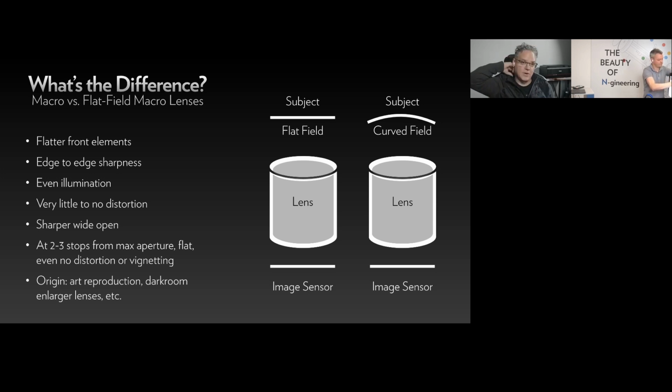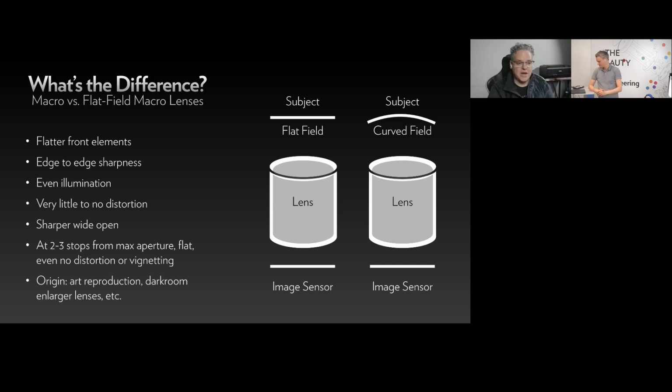And so is the paper that people would print them onto. And chromes were flat, or at least if you used the right carriers, they were flat. So what you want to do is try and render those things as faithfully as possible. So the designs for these lenses came from those two practices, art repro and larger lenses.